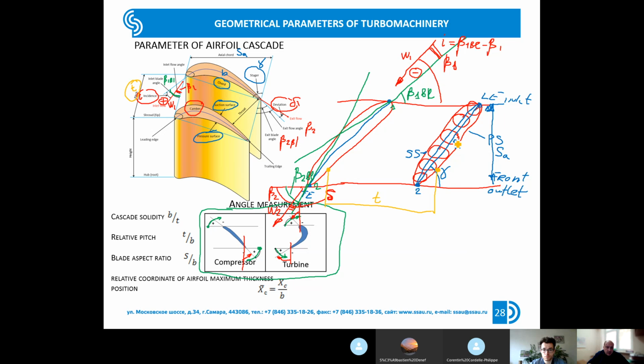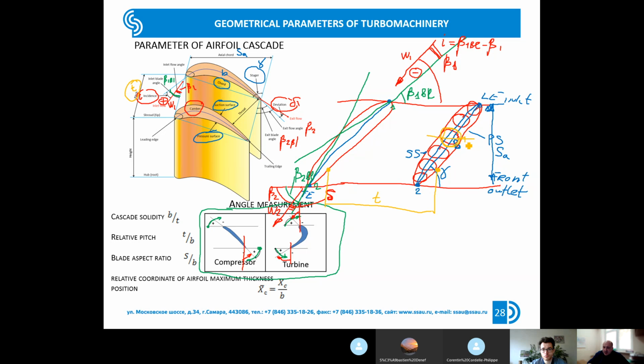Another parameter. We have a lot of circles which we draw inside the profile. Of course, we have the biggest one of the circles.